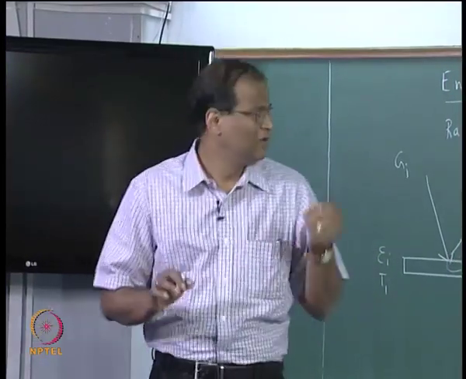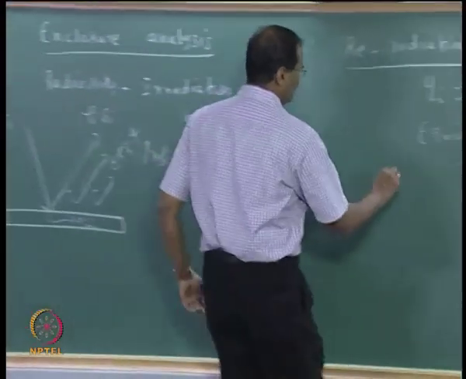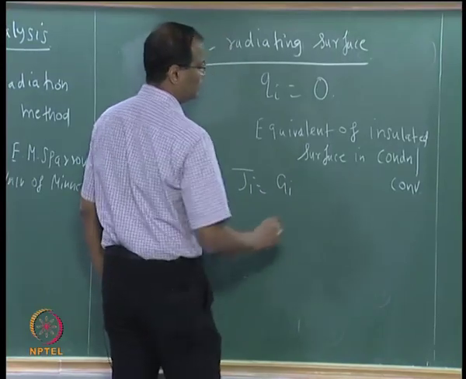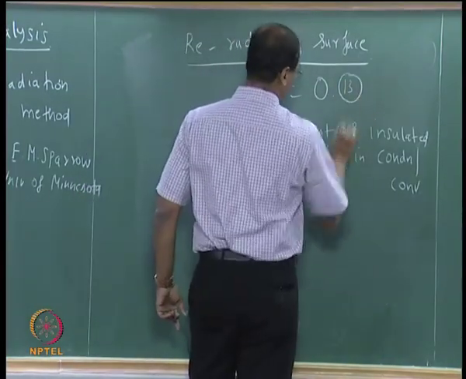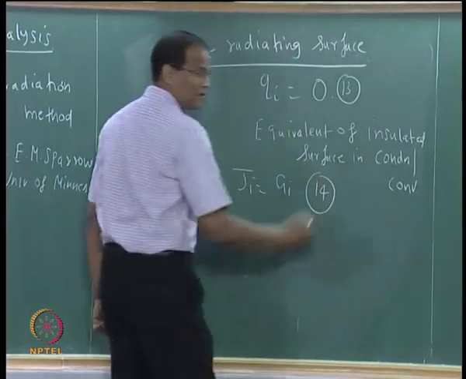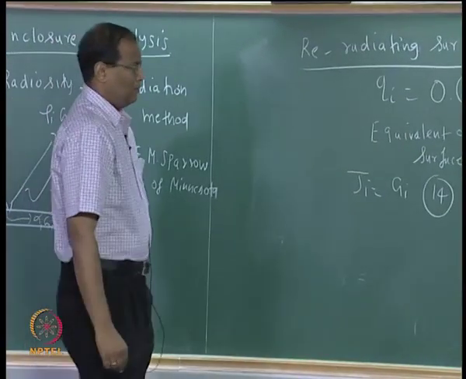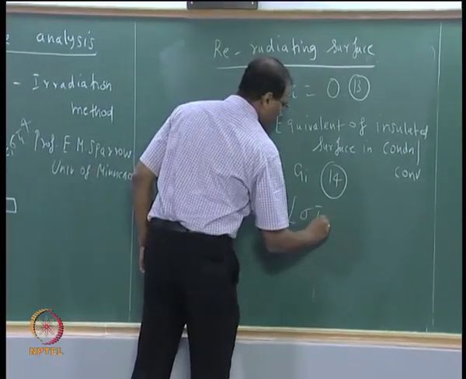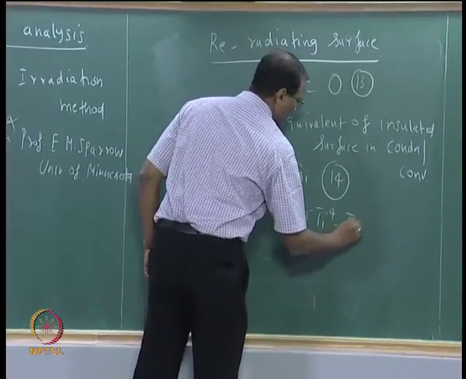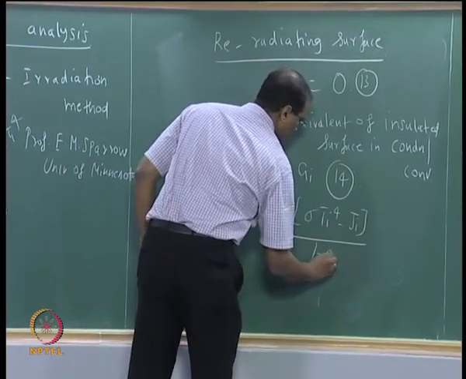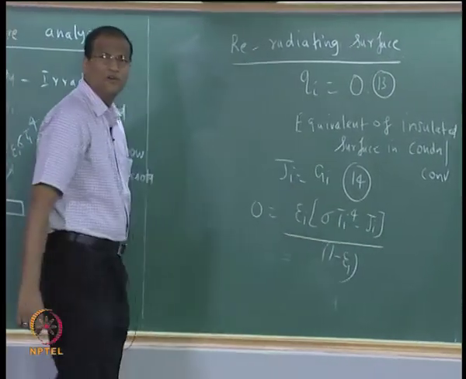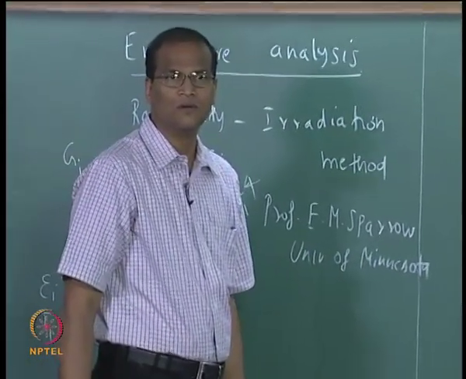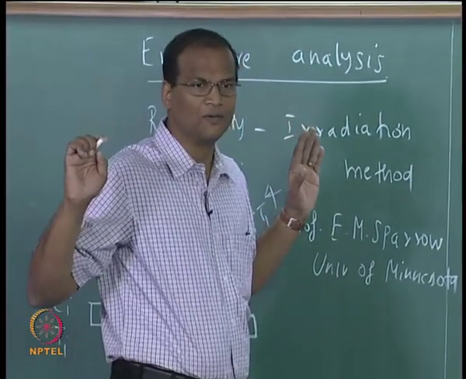So Ji minus Gi equals 0, therefore for a re-radiating surface Ji equals sigma T to the power of 4.